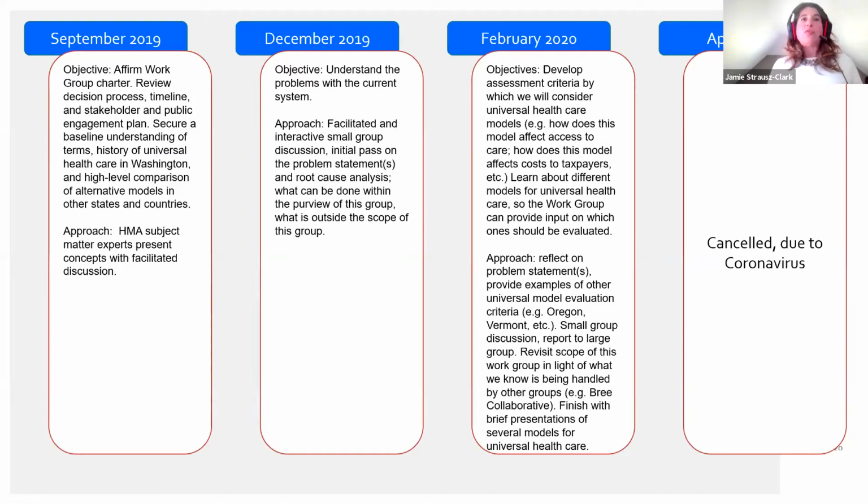Then in December, we met, and our work then was on articulating problem statements to address, to clarify the problems with our current system and do some root cause analysis. In February, which is the last time we all got together in person, and it feels like a million years ago now, we developed some draft assessment criteria by which we will consider universal healthcare models. Of course, April was canceled due to the coronavirus pandemic. Liz, can you advance the slide, please?